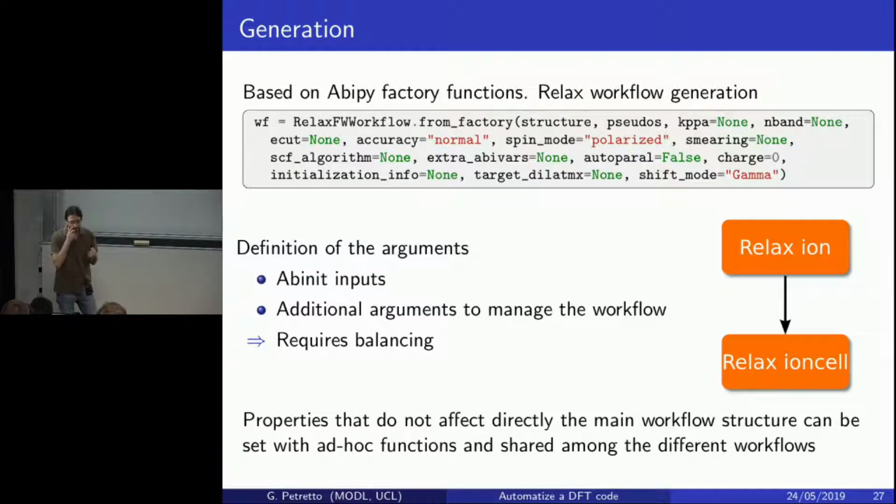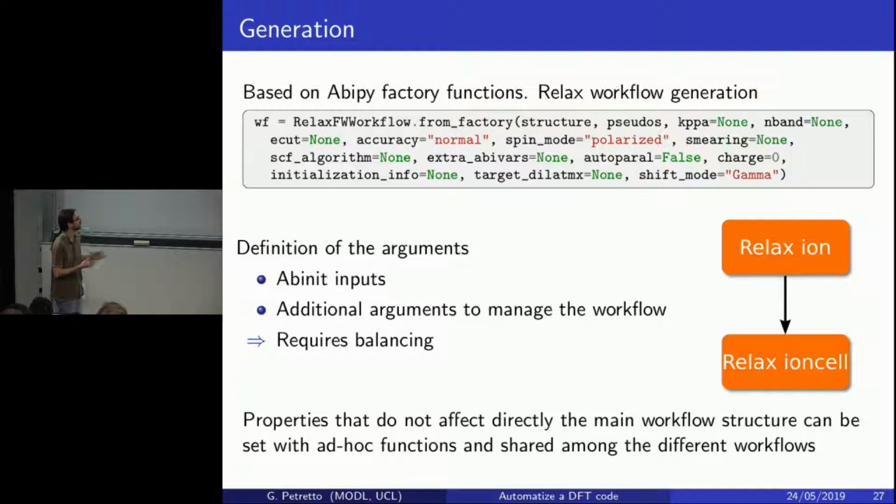So as I've said before, we rely on the factory functions that are implemented in AbiPy, and we basically have the same kind of input plus all sort of variables that might be needed for the actual execution of the workflow. So this one that is shown here is a fairly simple one. It's just a relaxation. And in any case, as I've said before, I would still think that there are many parameters that the new user has to take care of and look at the meaning of the variables.